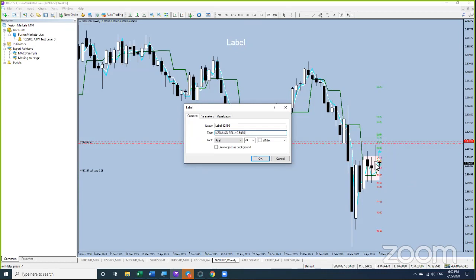Stop loss is 200 pips away, so that will be 61.85. And first take profit is 50 pips, yeah? 55 pips.